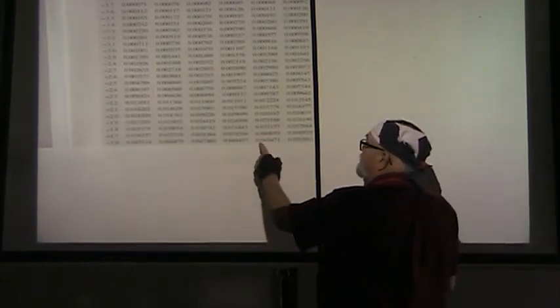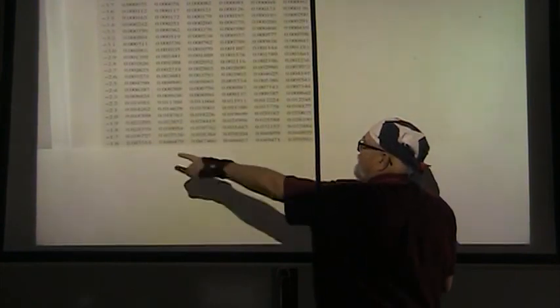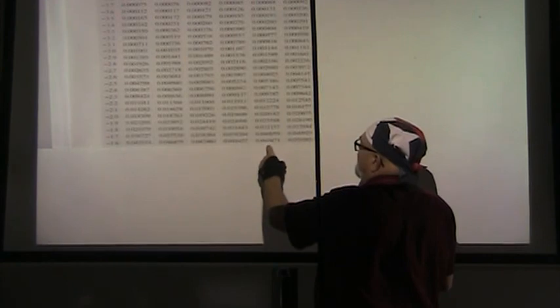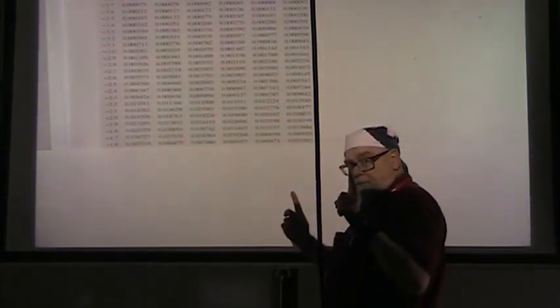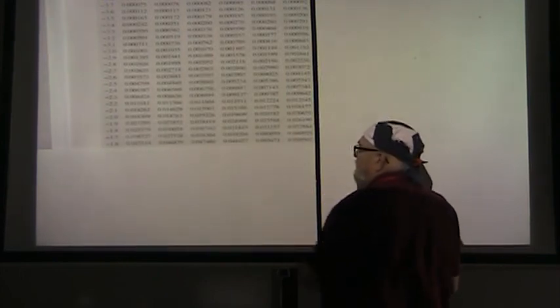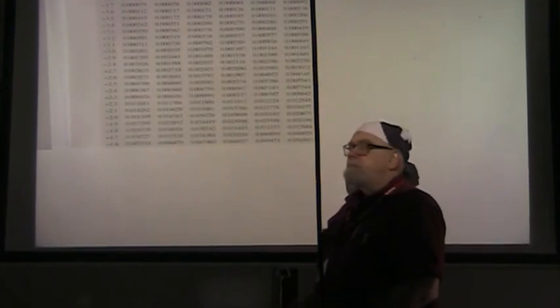We could also choose a negative 1.65, right? Negative 1.6 plus negative 0.05. Or sometimes we go right in the middle and we call it a negative 1.645.